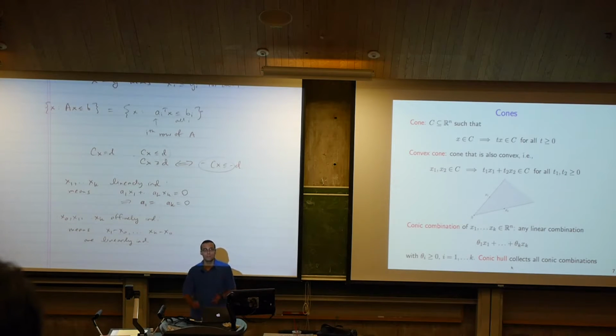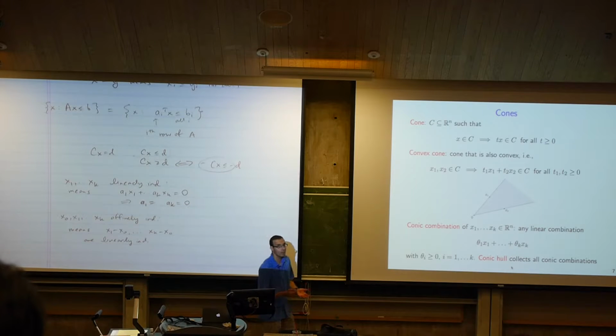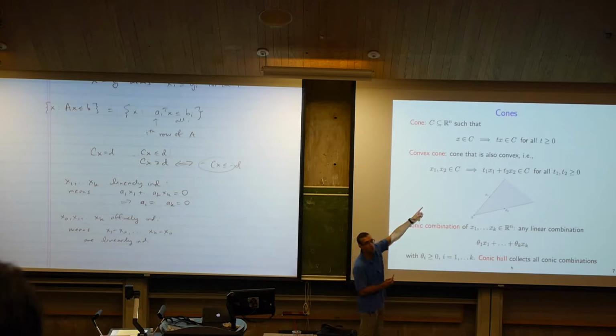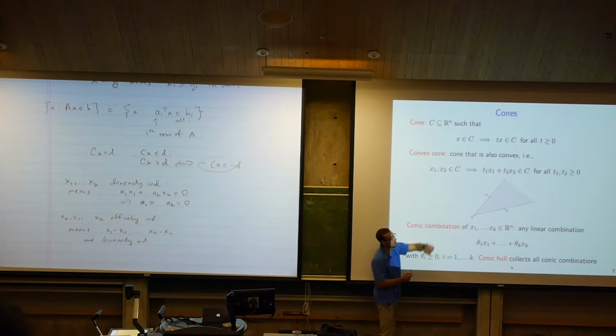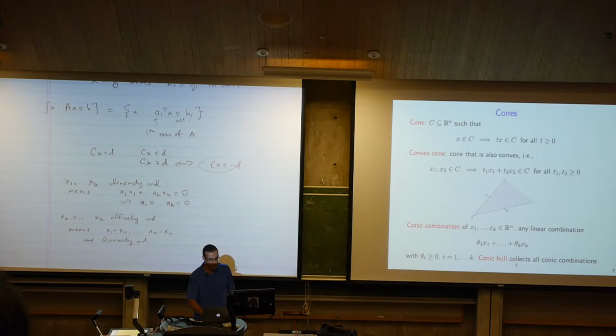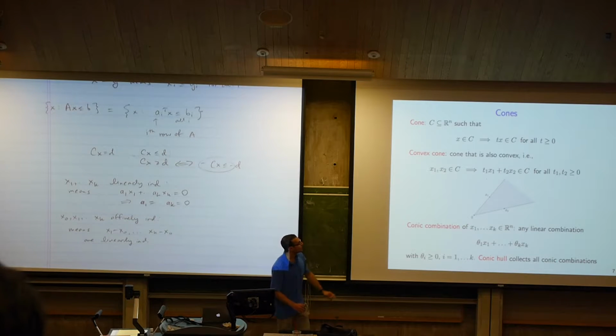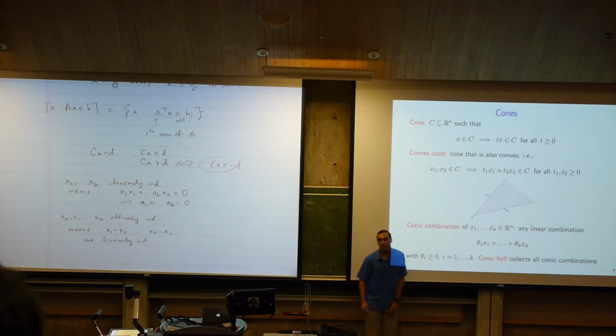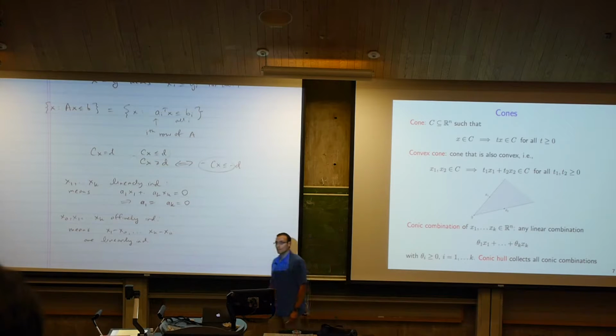A convex cone is what it sounds like: a cone that's also convex. You can check that this property, that all positive multiples of a point are in the set, along with convexity, can be reduced to this condition: if I have any two points x1 and x2 in C, then t1 times x1 plus t2 times x2, for any non-negative t1 and t2, must also lie in C. This is what it means to be a convex cone.